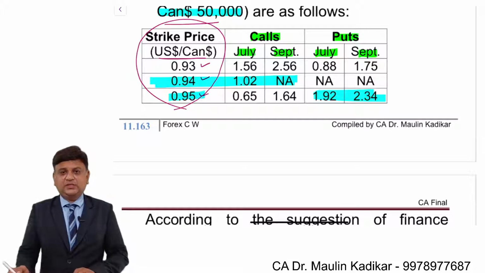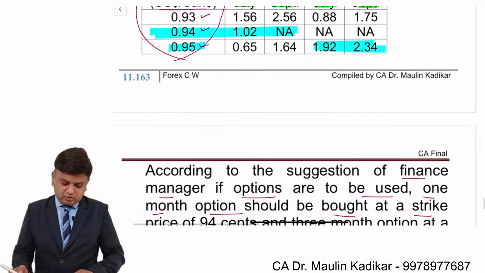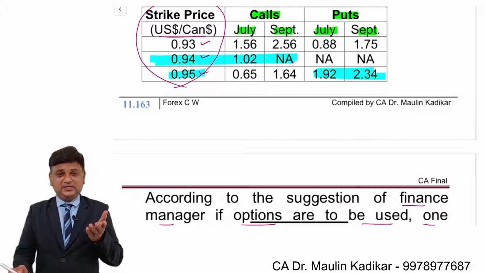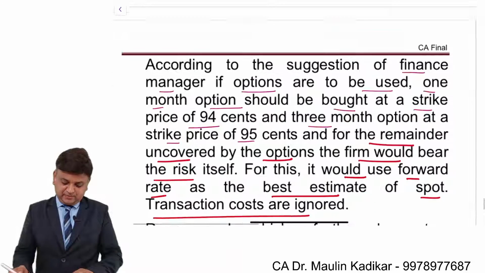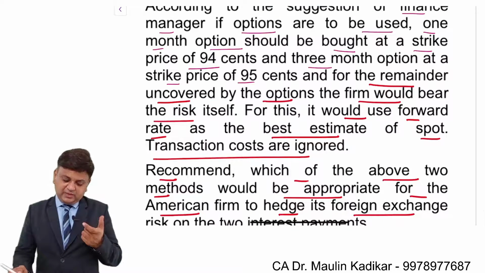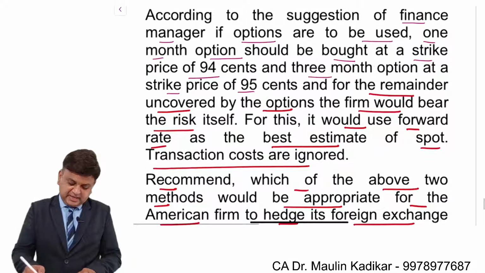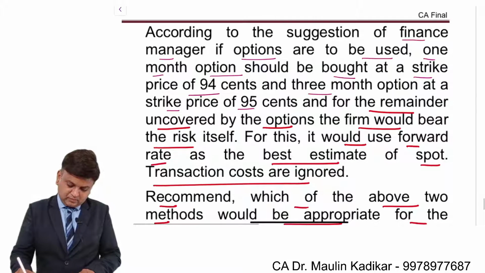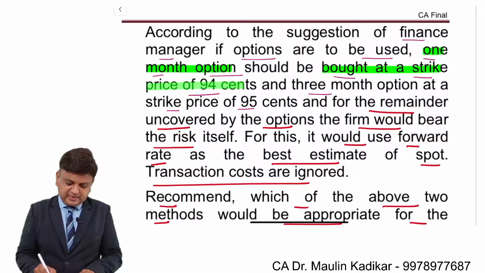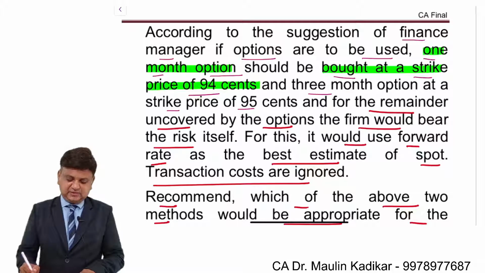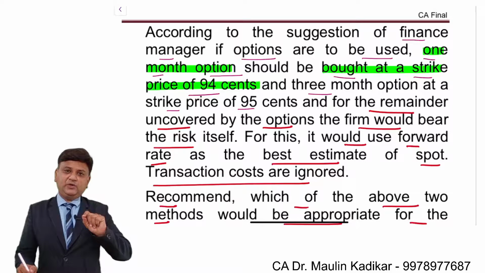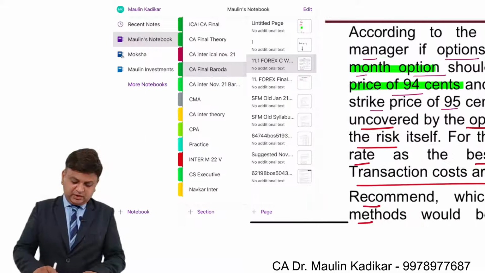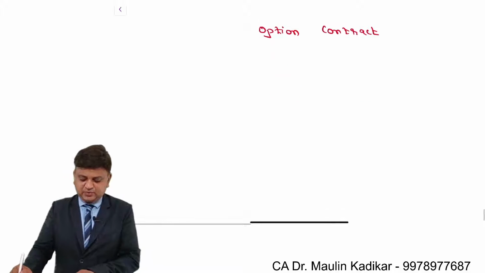Of course, it was mandatory to give one of the exercise prices at which the contract will be entered upon. So they have clarified that the 1 month option contract will be bought at a strike price of 94 cents. This means $0.94 is required to be paid for purchasing $1. That is what we understand.